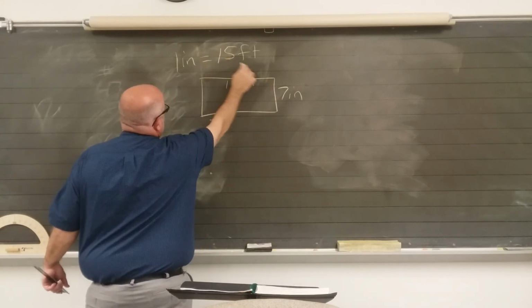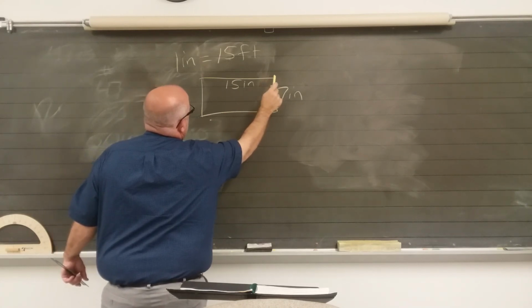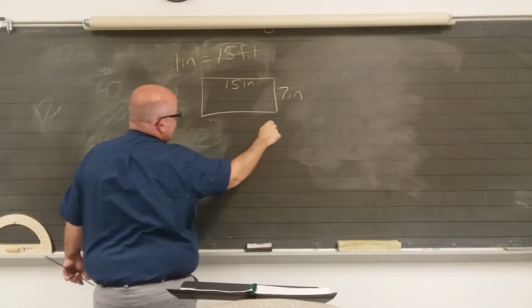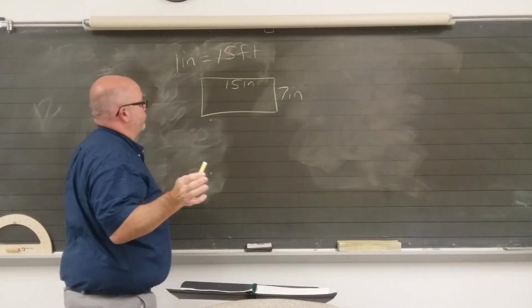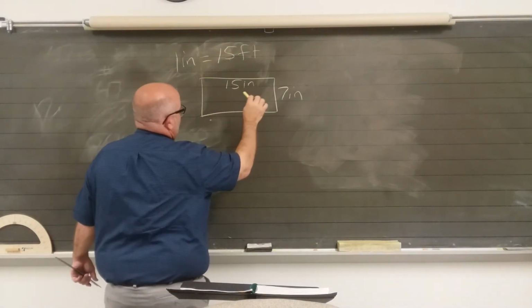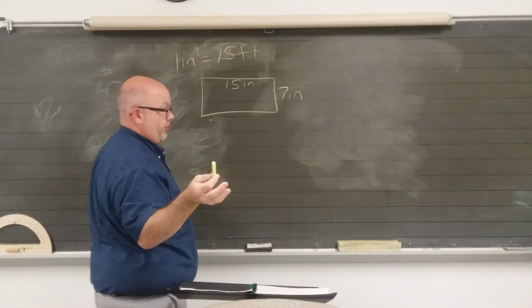So go 15 times 15 to get the length, and 15 times 7 to get the width. Okay, understand? So just do those two multiplication problems, and you need two answers, a length and a width.